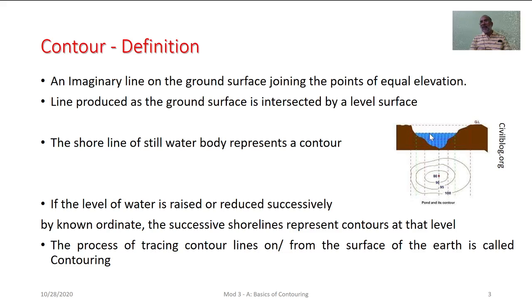Now say we have reduced that height by 5 meters, so we'll be getting another shoreline. Further, as we reduce it by again 5 meters, we'll be getting this particular shoreline, and as such we'll be reaching the bottom. So these successive lines are representing contour at these particular levels.